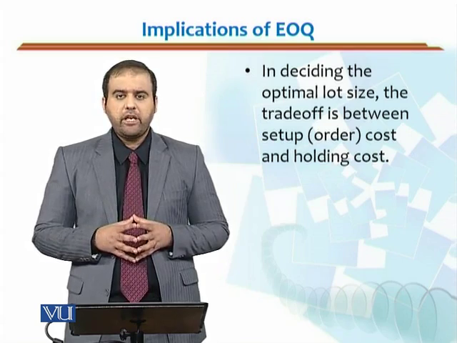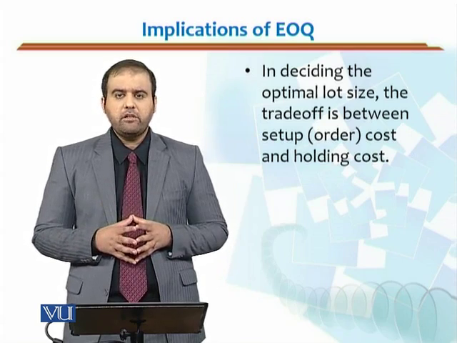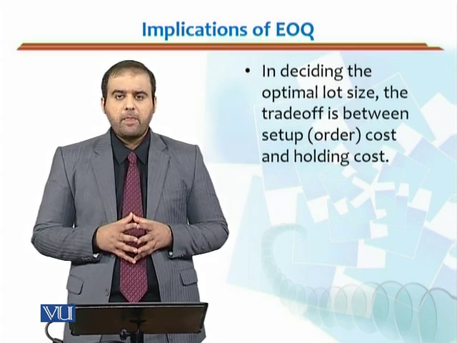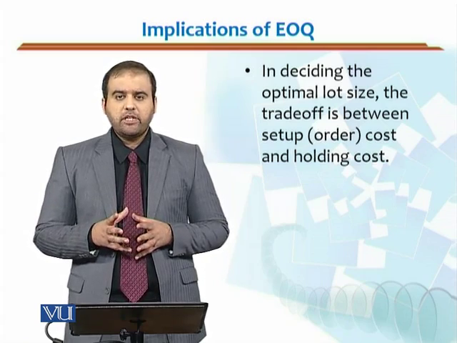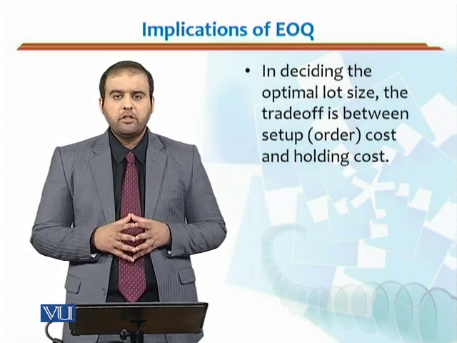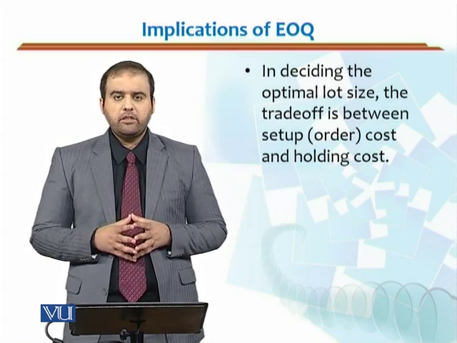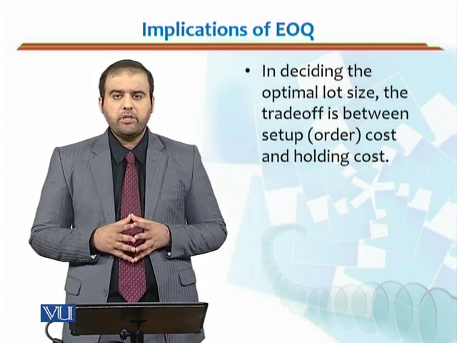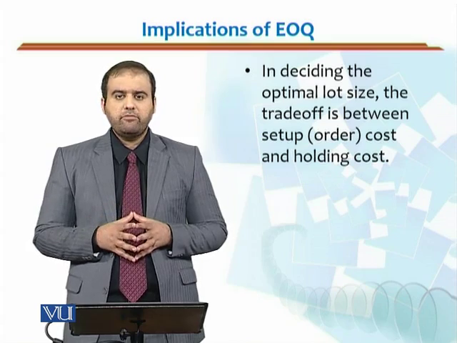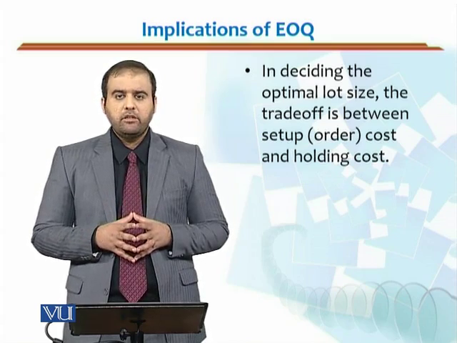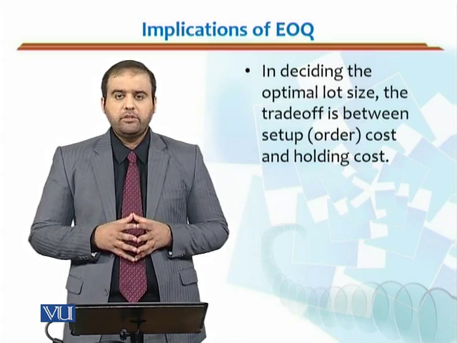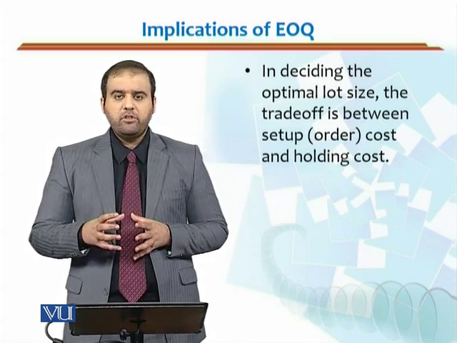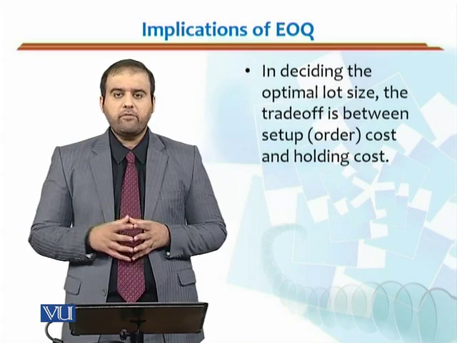Let's say the error came because of some uncertainty or because of some seasonality, and it turned out that your demand was actually 14,000. So what was the error? That was like 2,000 computers per year, which I made as an error. Now, what would be the effect on the lot size? The lot size would not have that drastic effect.